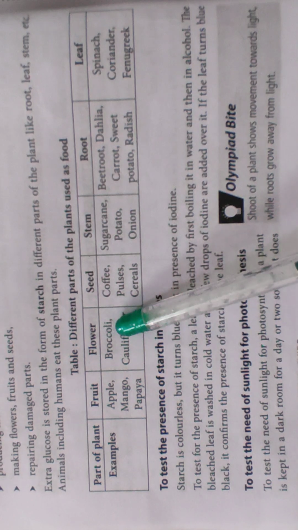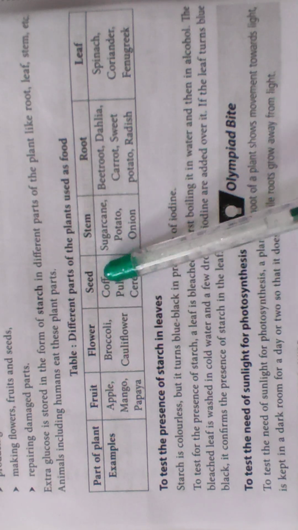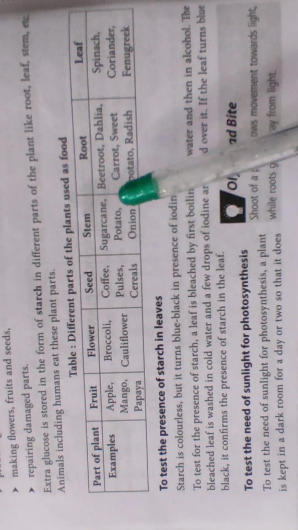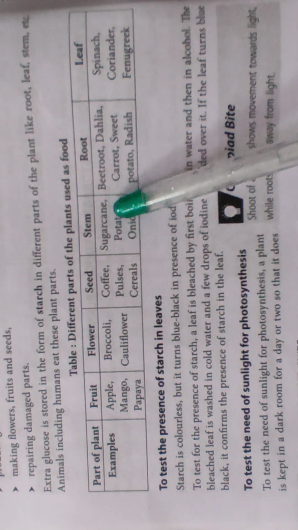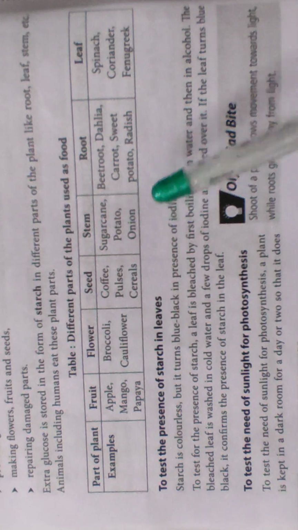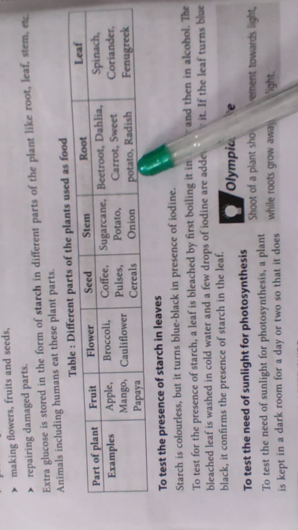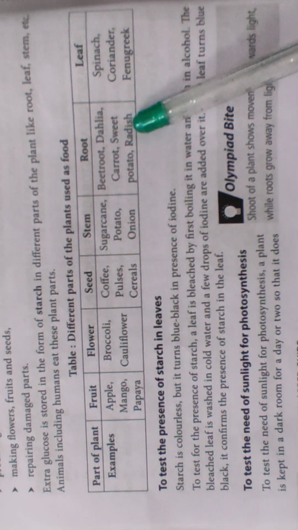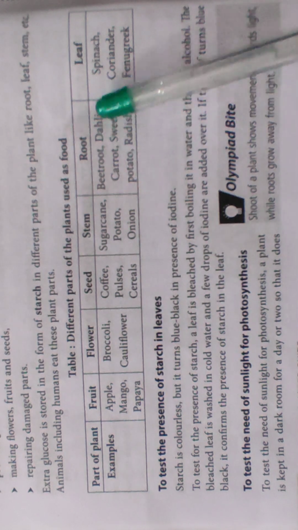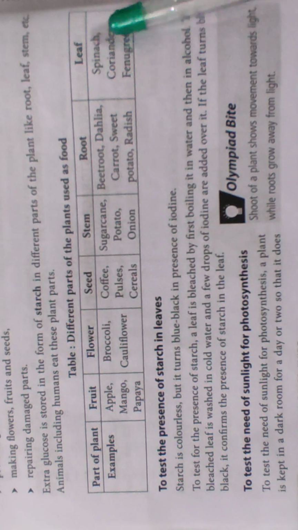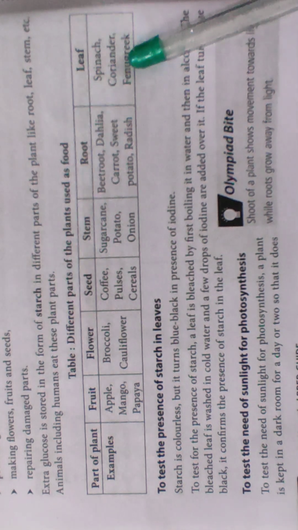Seeds: coffee, pulses, cereals. Stem: sugar cane, potato and onion. Roots: beetroot, dahlia, carrot, sweet potato and radish. Leaves: spinach, coriander and fenugreek.